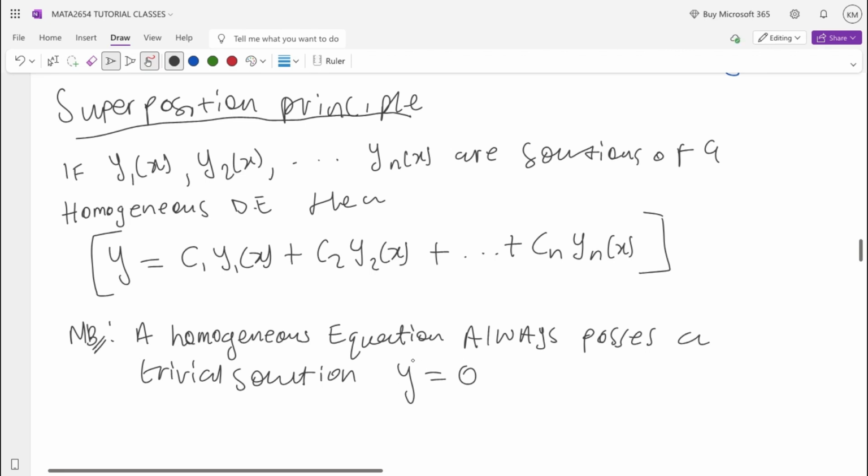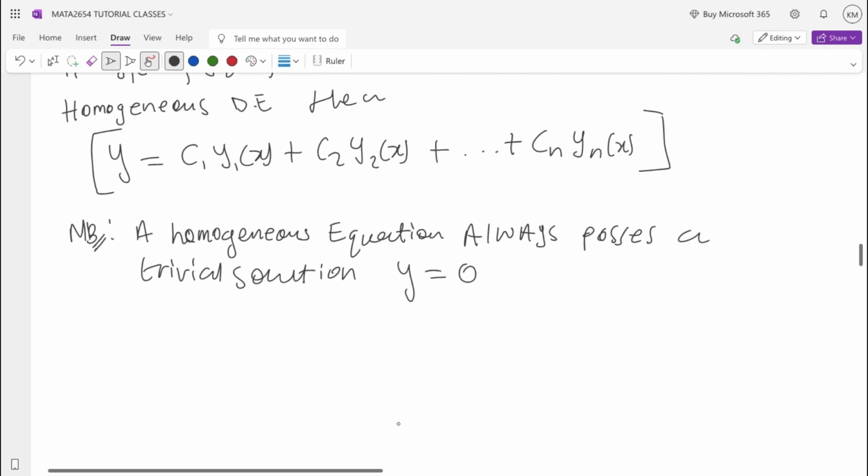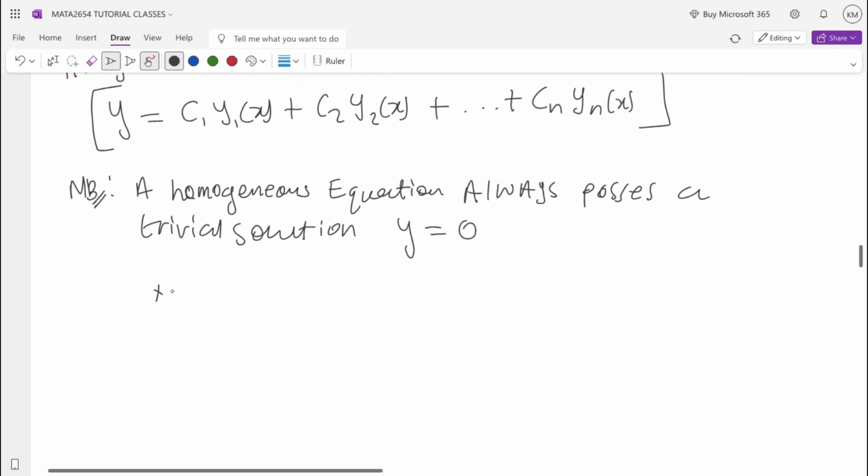So one might ask, what does this basically imply? For example, let's say we have y double prime plus 2xy equals 0. This is a homogeneous differential equation. Why do I say that?